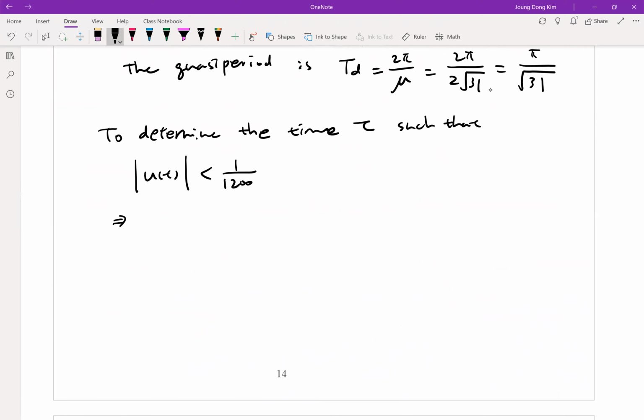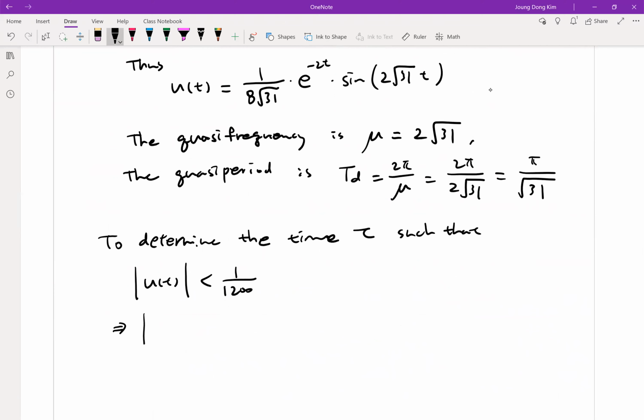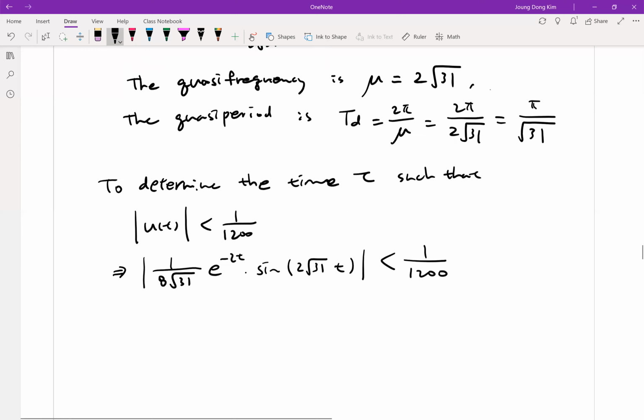The absolute value of 1/8 square root of 31 e to the minus 2t times sine of 2 square root of 31 t is less than 1/1200, right?